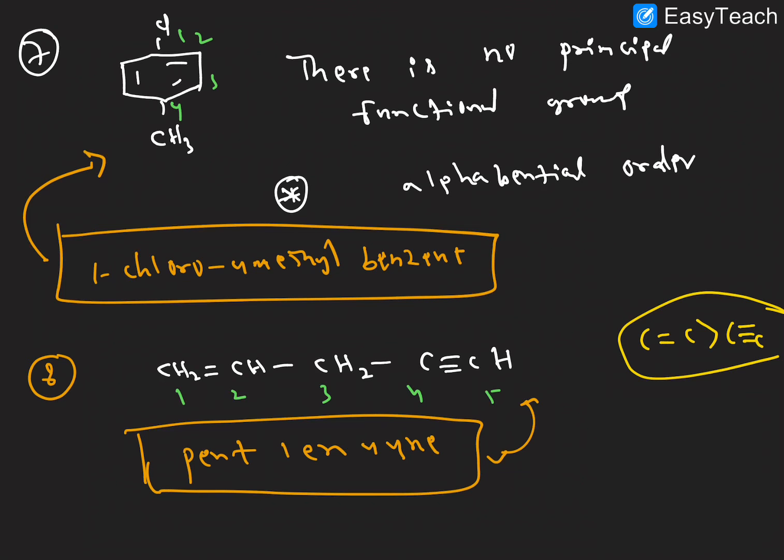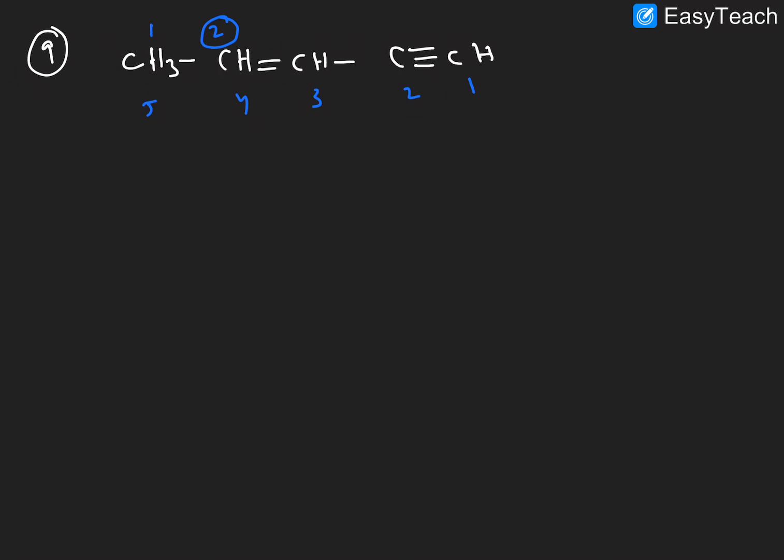Similar to this, one more example. We will see how to give the numbering. I think this is the 9th example: CH3, CH double bond CH, and here CH. Numbering here, we get the double bond first, then 3, 4, 5; but starting from this side we get the double bond at position 2 only, while here the double bond is at the first position itself. So this is the correct numbering, because the other way does not give the least number.